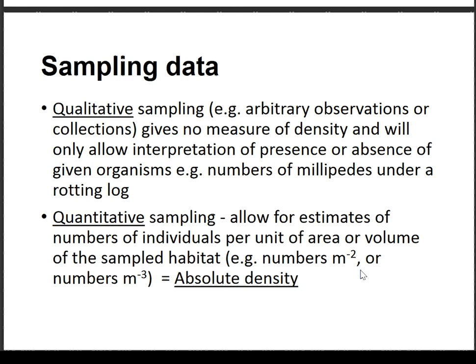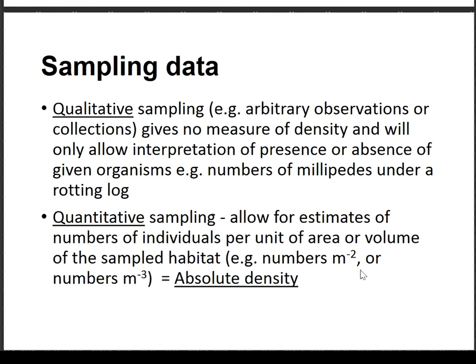So you can just go to a site, a sample point, a sample area, and you can basically say, okay, that species is here and that species is absent. Okay? You won't be able to give you a measure of abundance, though, but at least you know whether species are there or not.